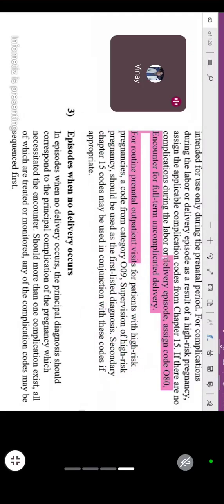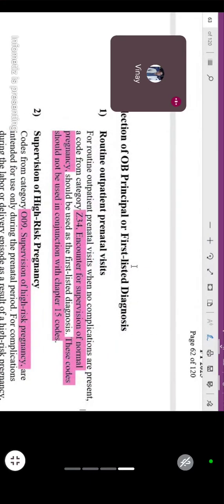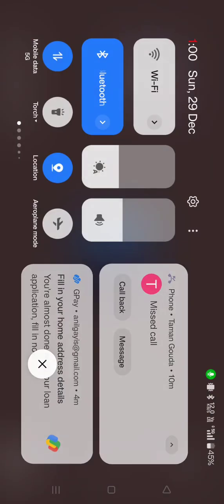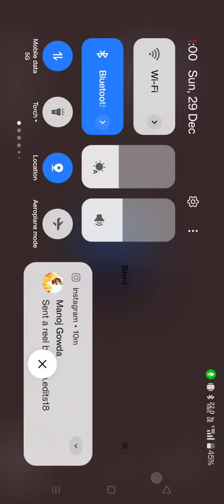We'll come to that. Okay, if a lady does not have any complication and is coming only for supervision, what will we code? Z34. Correct. If the same lady comes for delivery, no complication, delivery done. She just got a little labor pain, normal labor pain. We waited for a few hours, and she delivered a healthy baby, single, one fetus, delivered vaginally, normal delivery. That time you will code O80.